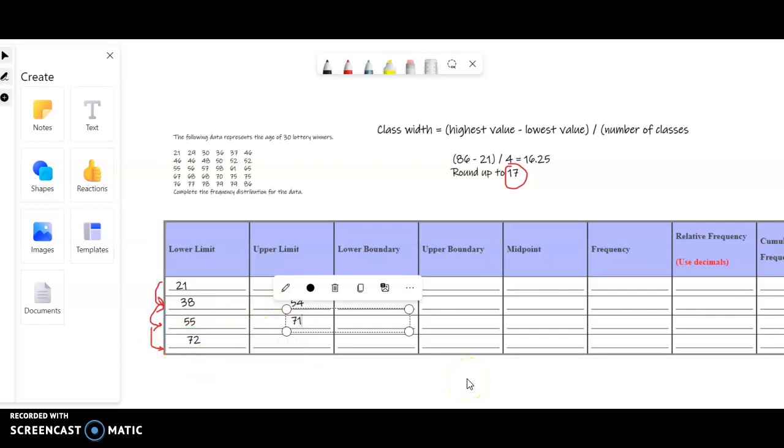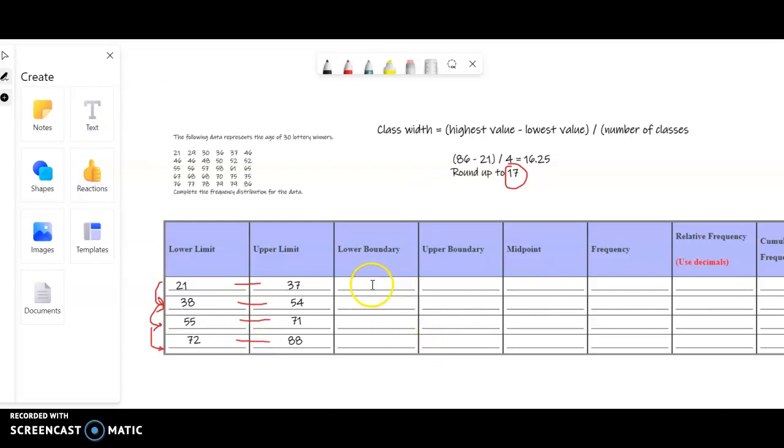And then 71 plus 17 is 88. And the only way to get that 88, that highest number, is to use that class width. Okay? So those are your upper and lower limits, and those are like ranges. That's saying from 21 through 37, that's your first class. From 38 through 54, and so on. Okay, so this is a range or an interval of numbers that make up each class.